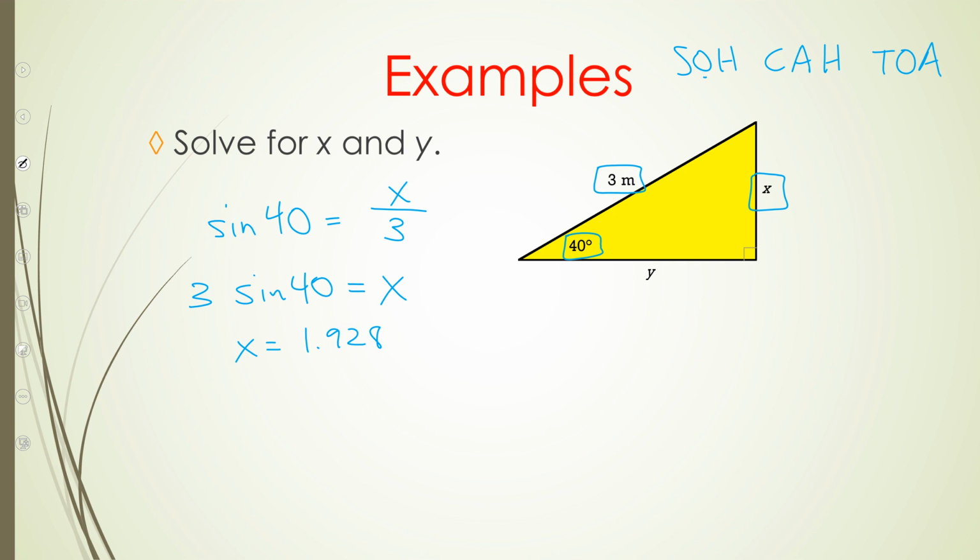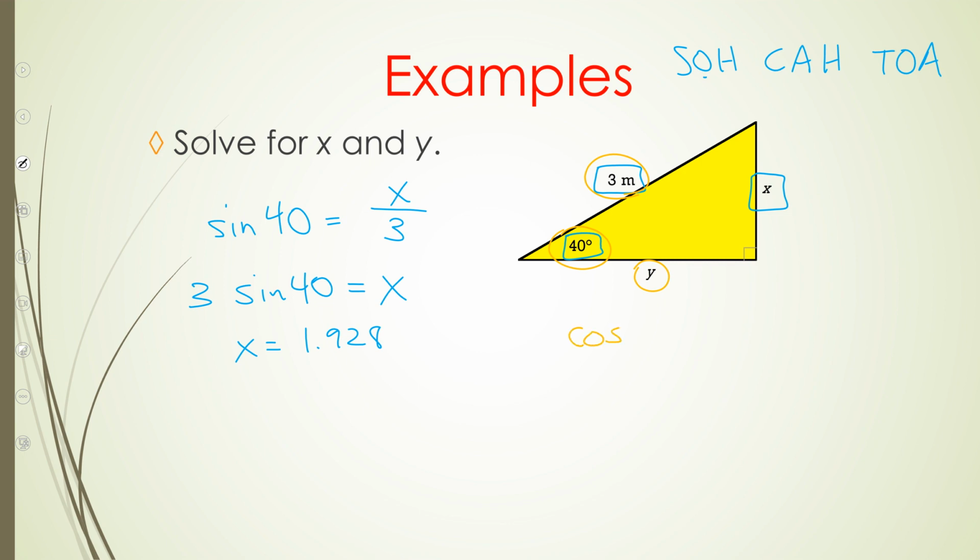How do I solve for y? Well, I go back through the same thing. I know 40, I know 3, and I know that y is the adjacent side. Which trig function uses the adjacent and the hypotenuse? Cosine. What would my equation be?